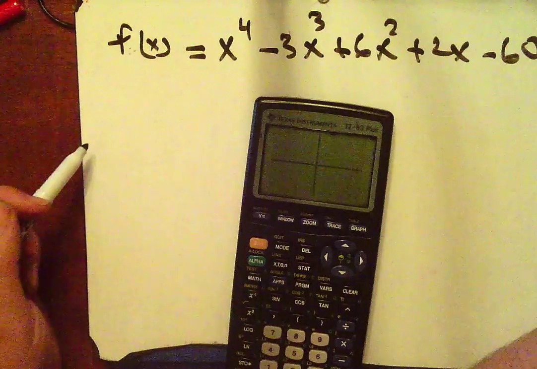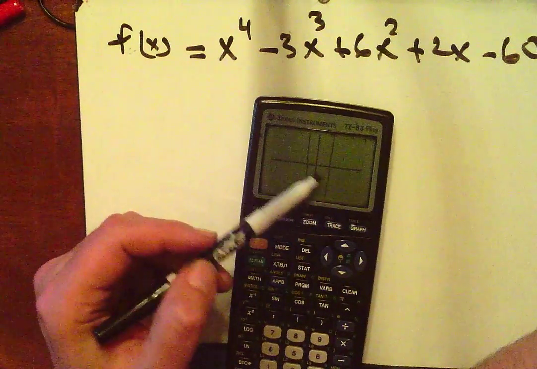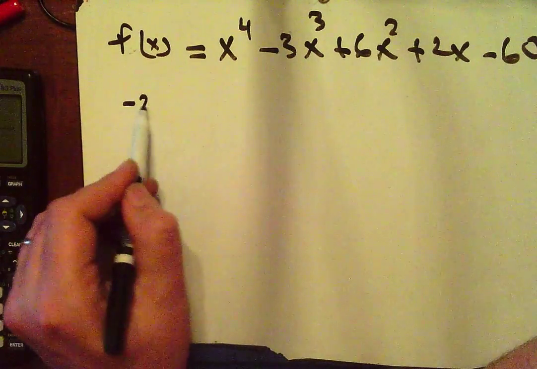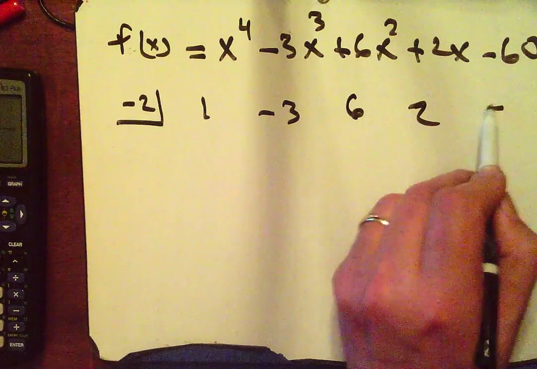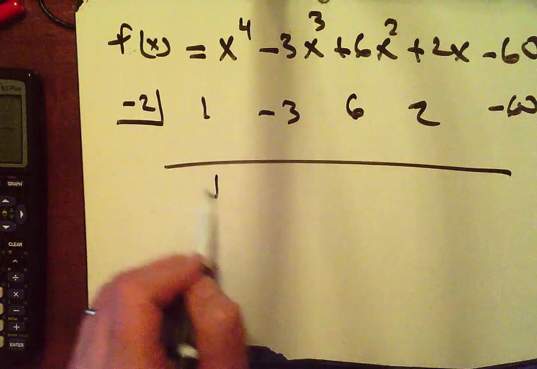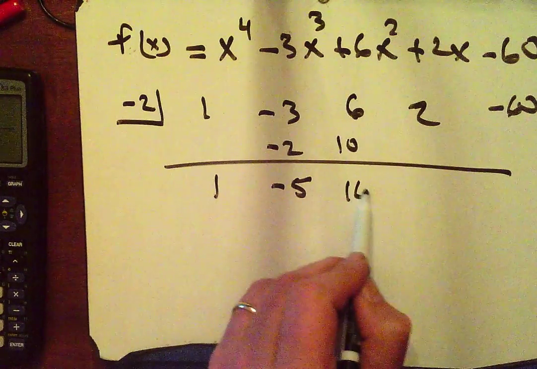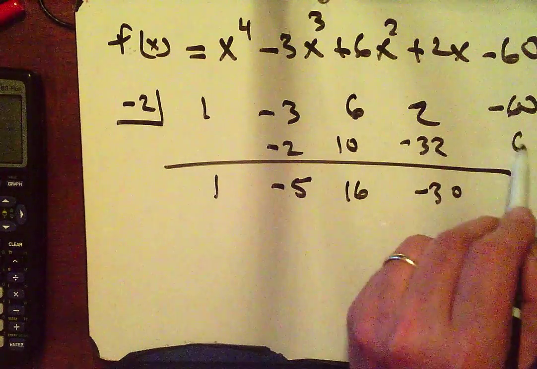Graph. Negative 2, positive 3. Let's see what happens. Negative 2. 1, negative 3, 6, 2, negative 60. 1, negative 2, 5, 10, 16, negative 32, negative 30, positive 60.